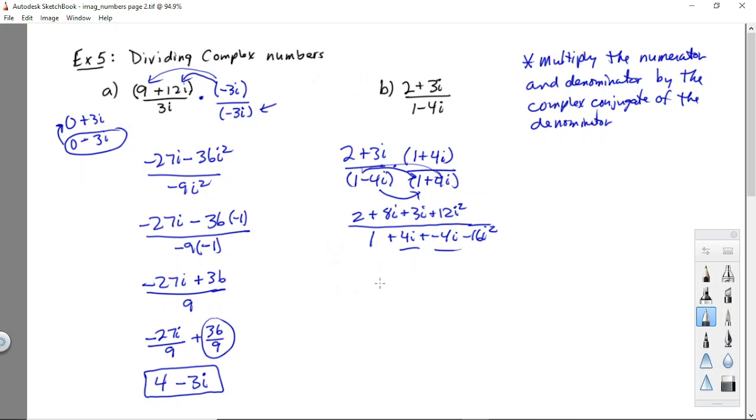Okay, so the numerator, 2 plus, and we have 8i plus 3i, so that's 11i squared, plus 12i squared.